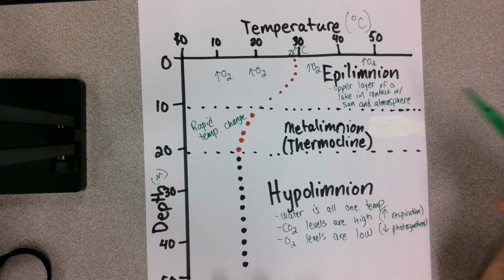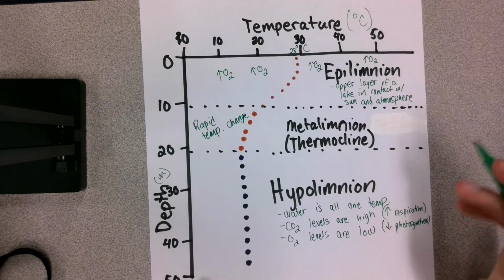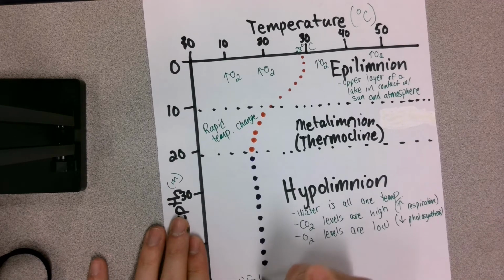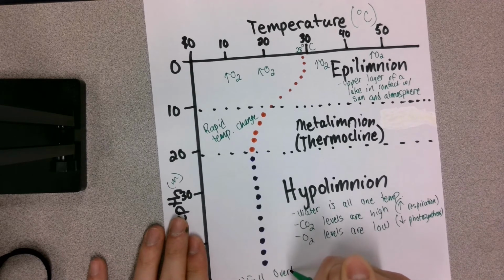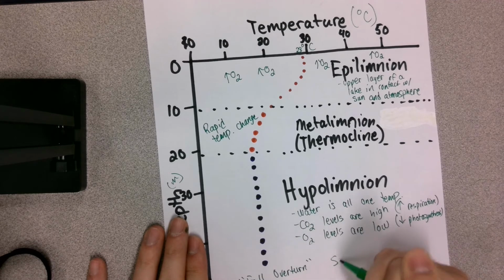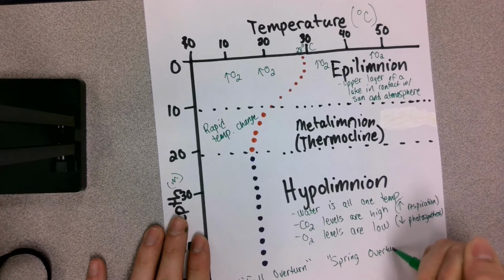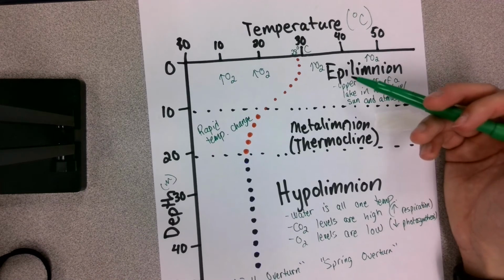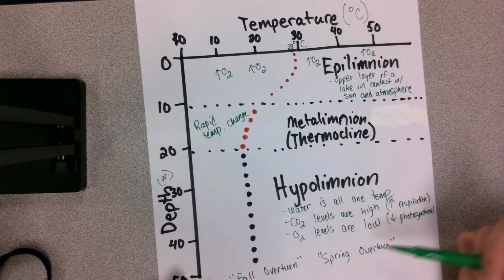If we are talking about in the fall and in the spring, what's really interesting is that actually this lake will undergo what they call fall overturn or spring overturn. And basically what this is, in the spring, this entire lake will just turn one temperature.